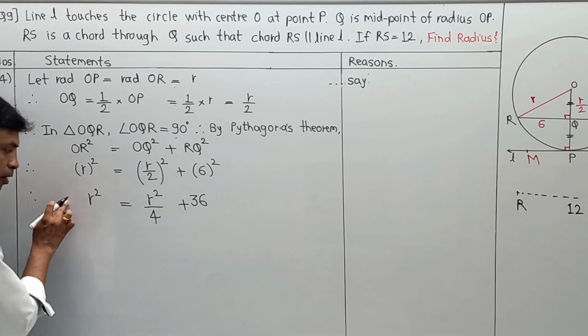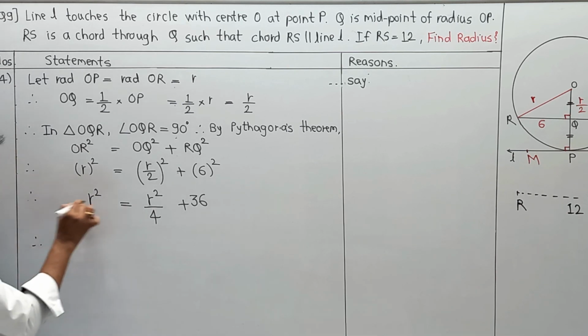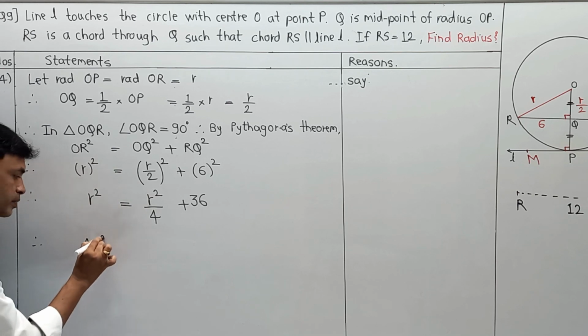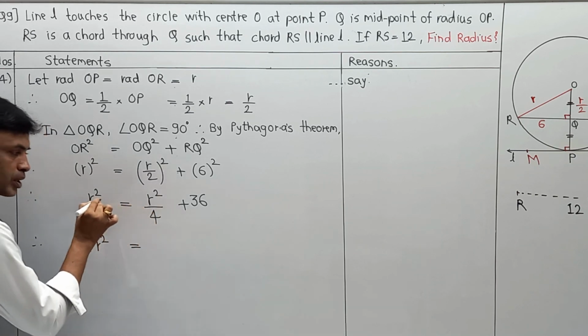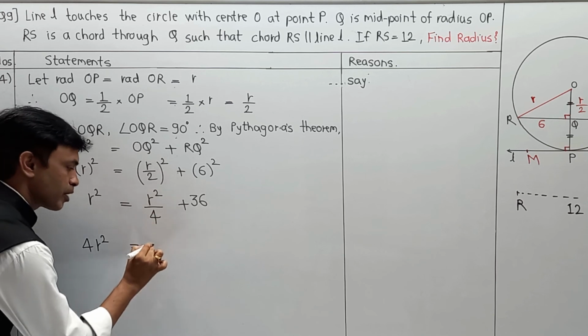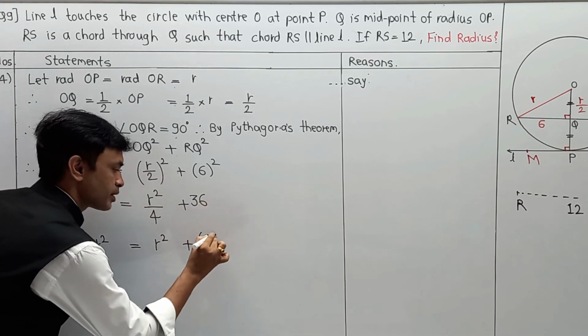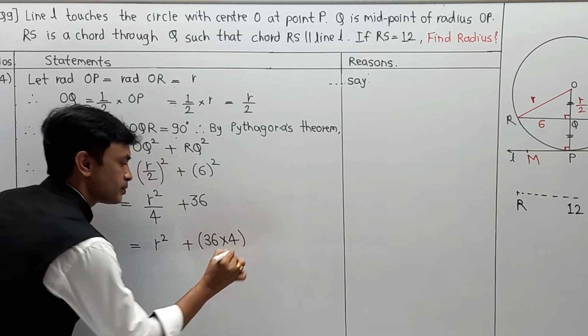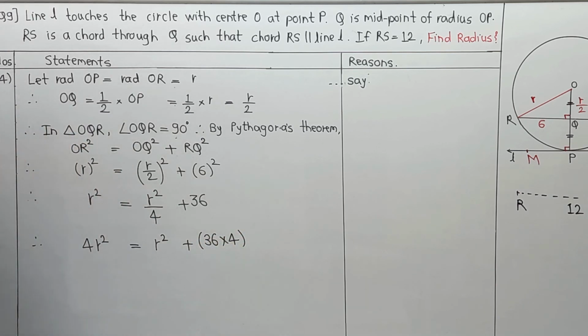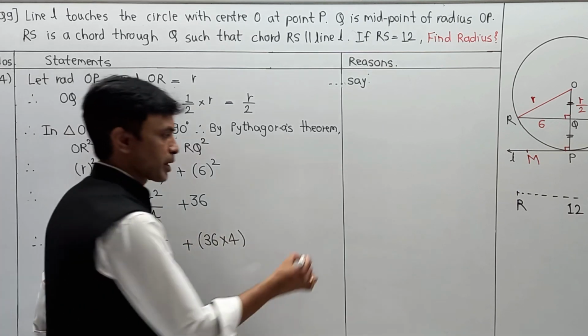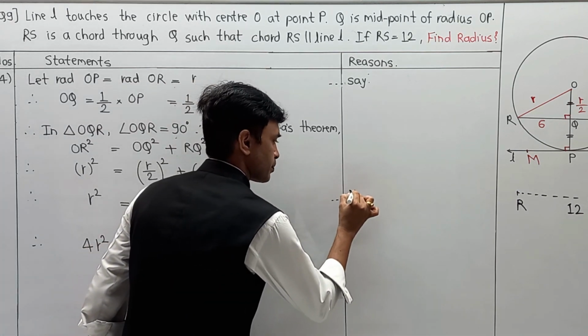If I multiply by 4 over here, it becomes 4R square is equal to R square, and 36 becomes 36 into 4. Now shifting this plus R square to this side. But first of all I am going to write this part, multiply equation by 4.